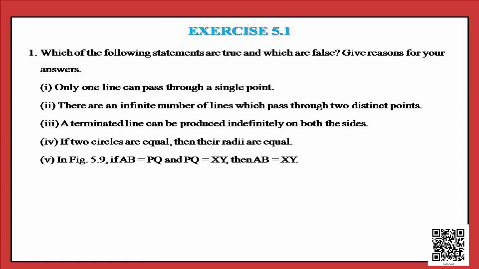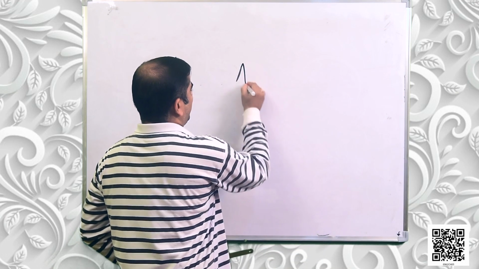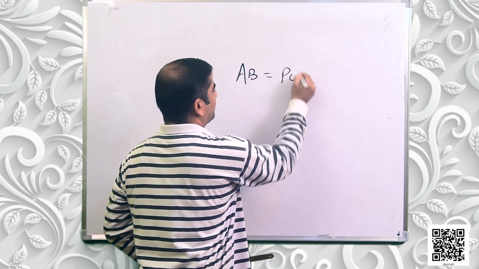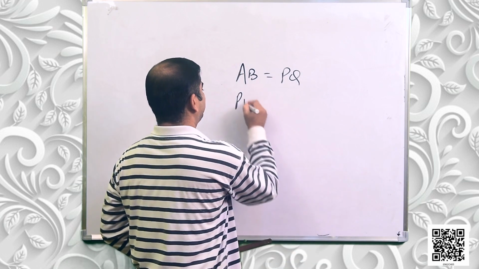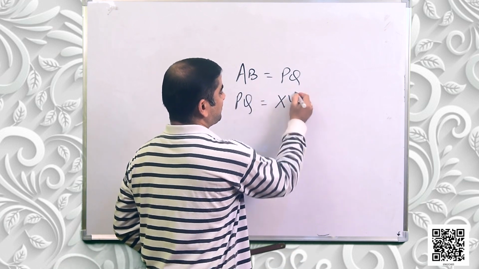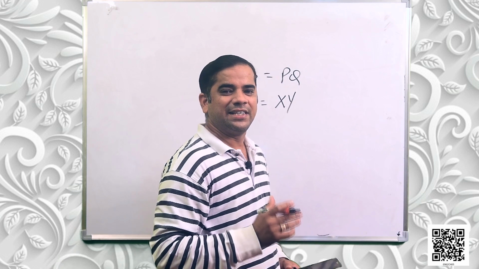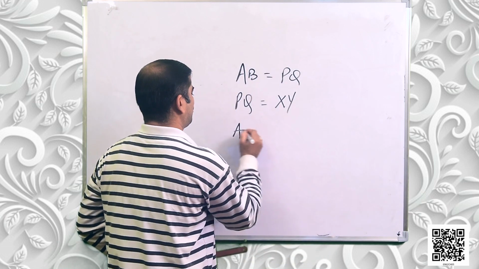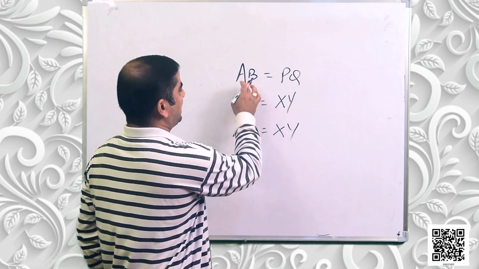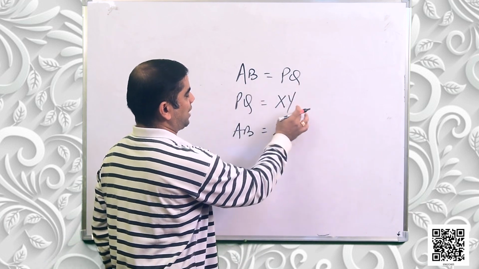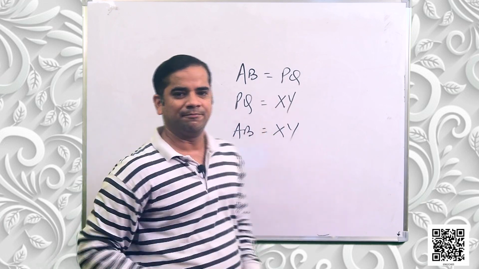Bit 5 says that in figure 5.9, if AB is equal to PQ and PQ is equal to XY, then AB is equal to XY.